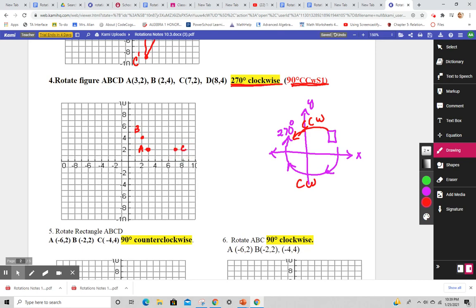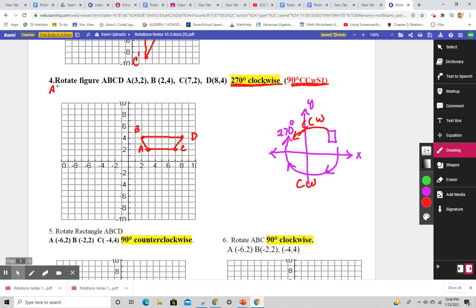And D is located at 8, 4. All right, so let's connect them. Now let's go ahead and rotate this figure 270 degrees, by using this rule here.